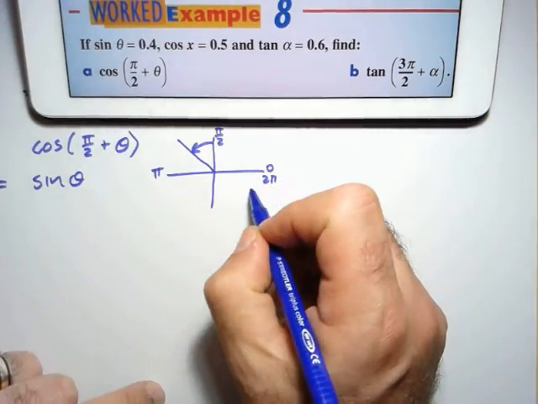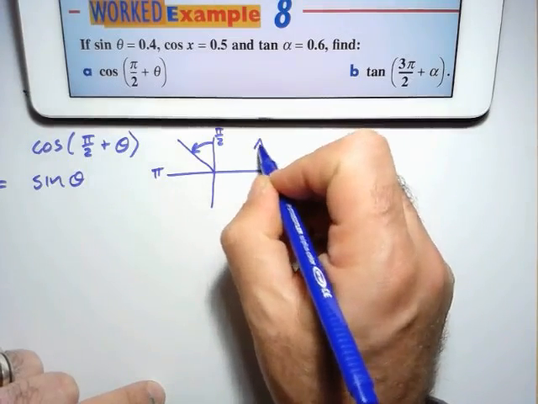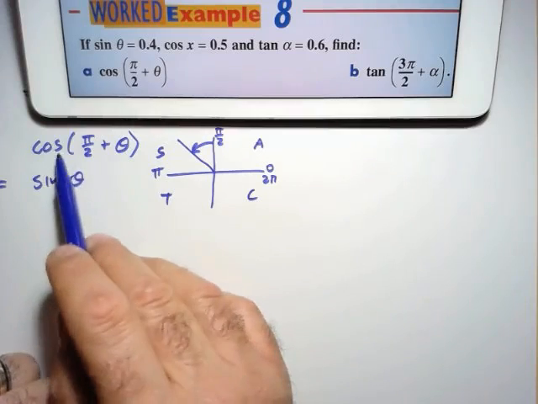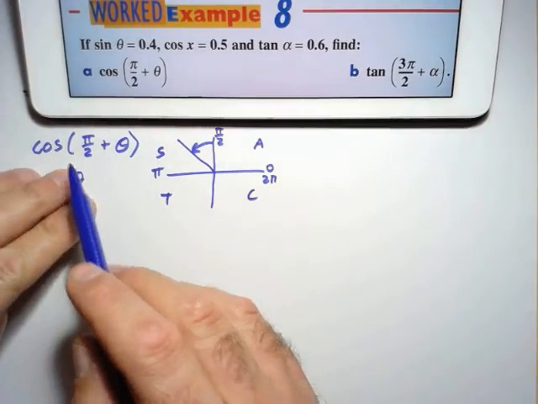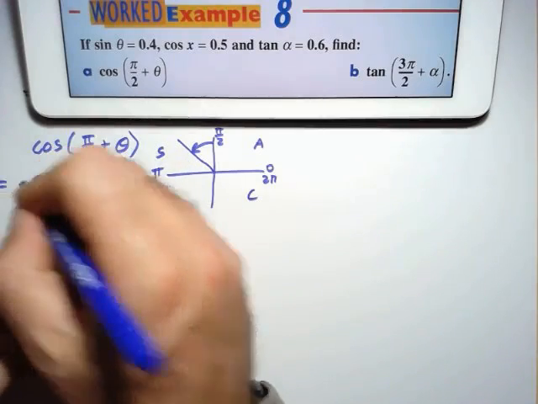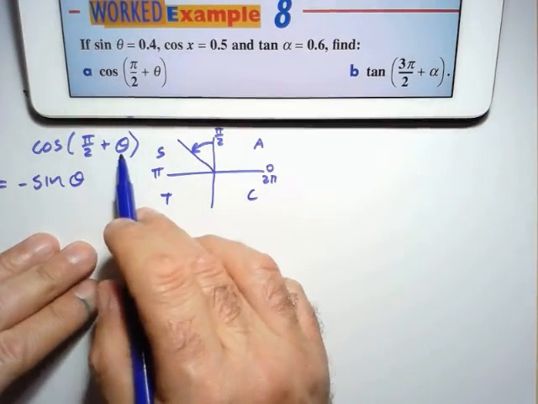And this can be confusing. I'm going to start with CAST. And the golden rule here is we look at what was given. So before I got there, the cos in my second quadrant is negative, the sine of my reference angle.